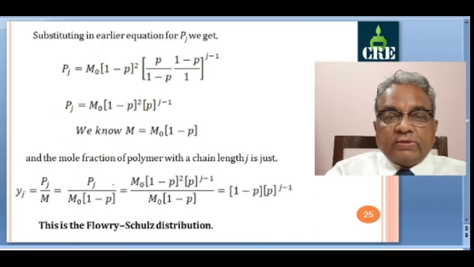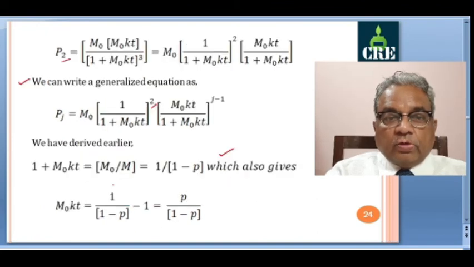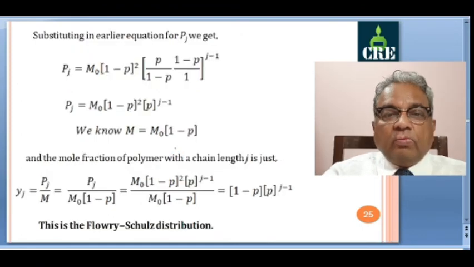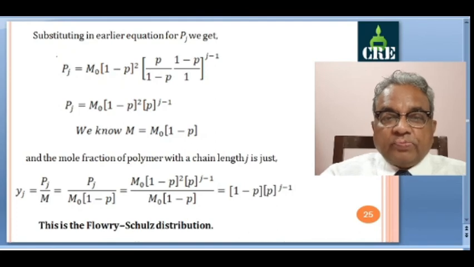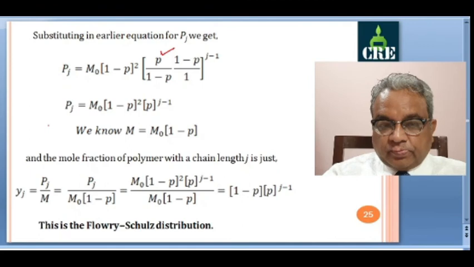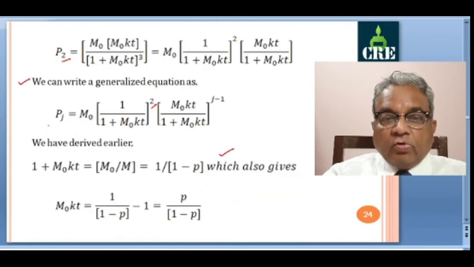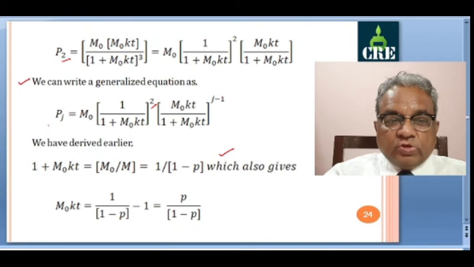So pj can be written as m0 into 1 by 1 plus m0 kt. So 1 by 1 plus m0 kt will be inverse of this, means 1 minus p, so 1 minus p squared. Then you have m0 kt, m0 kt is p by 1 minus p. So we have written this p by 1 minus p. And you have 1 by 1 plus m0 kt.